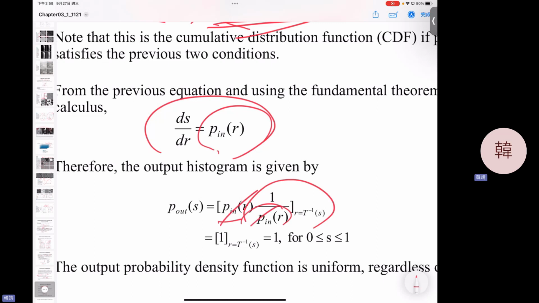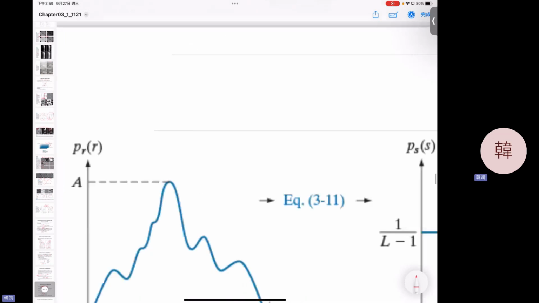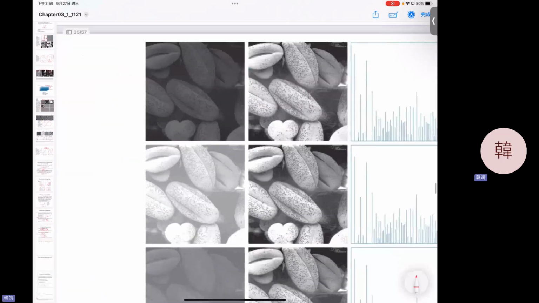So definitely they will cancel out. It becomes 1, which means the output can be 1 if and only if your definition is this kind of transformation. This is called the CDF of your input image histogram. So very straightforward. Just calculate your CDF, and immediately this function is your solution. And what's the result? Next we will show it like this.